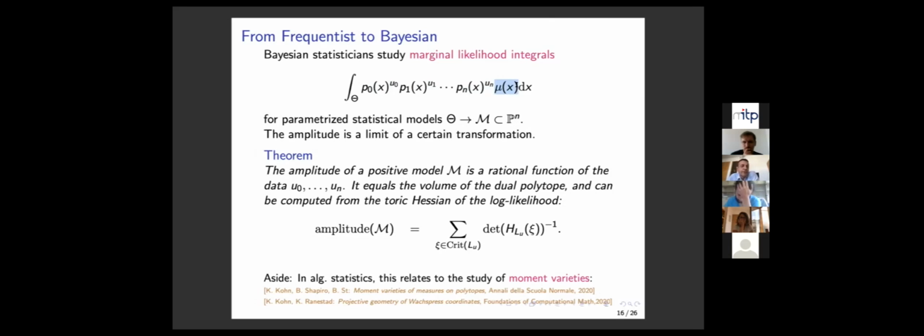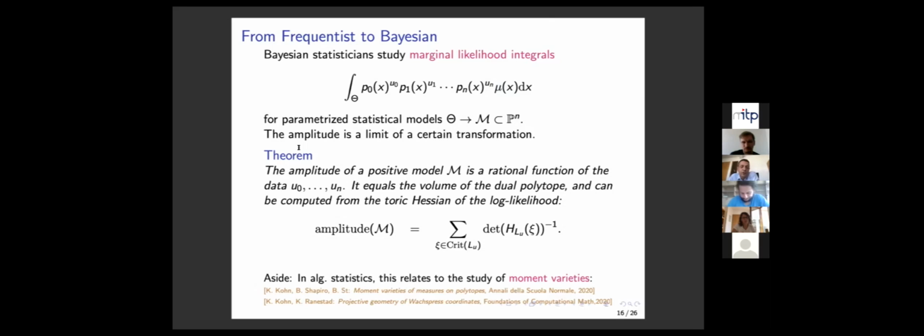So we have some prior belief how the data are distributed, then we collect data, and then we update our prior belief based on such kind of calculation. So we have a parameterized model, and this is the kind of integral that you might like to evaluate in Bayesian statistics.